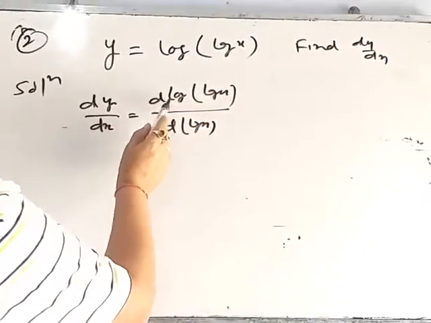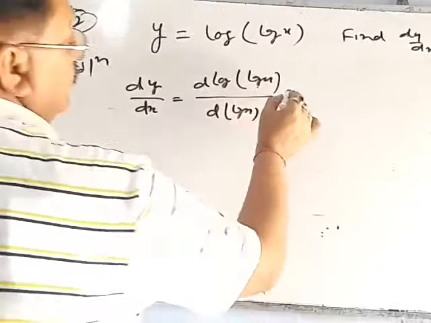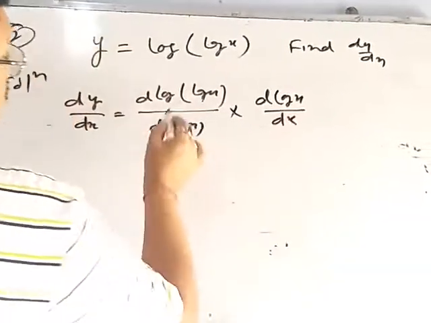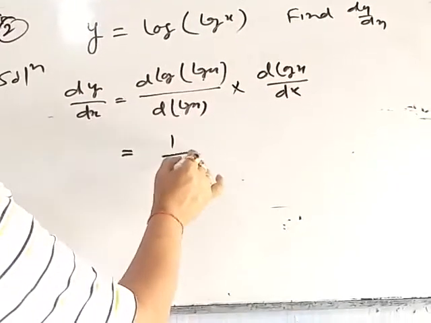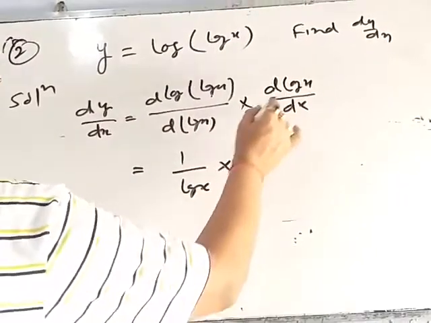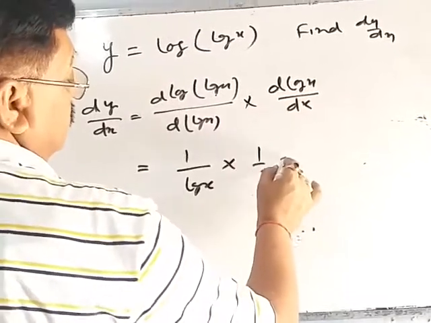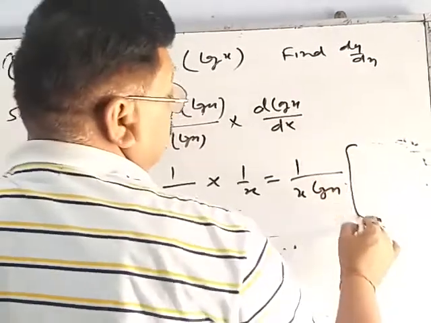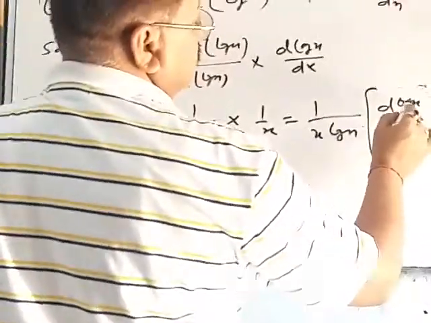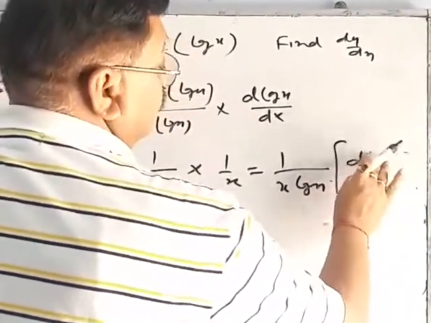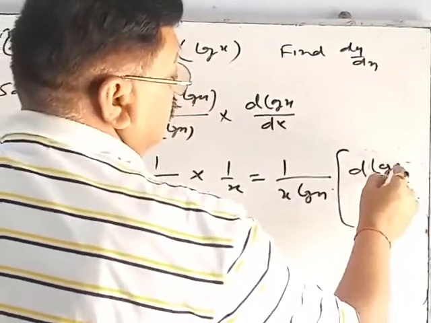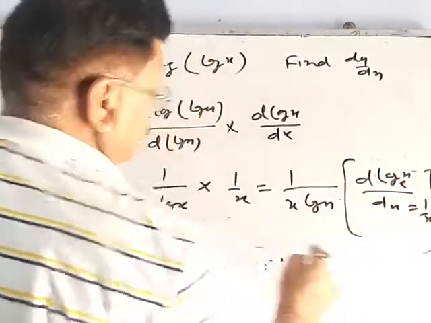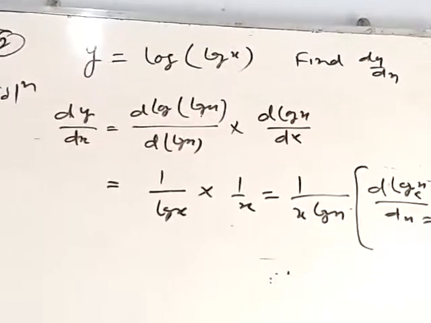So we differentiate this with respect to this, and d log x by dx. So it will be 1 by log x, d log x is 1 by x. So 1 by x log x, because student, you know the formula, d log x to the base e by dx is 1 by x. So in this way you can solve the problem.